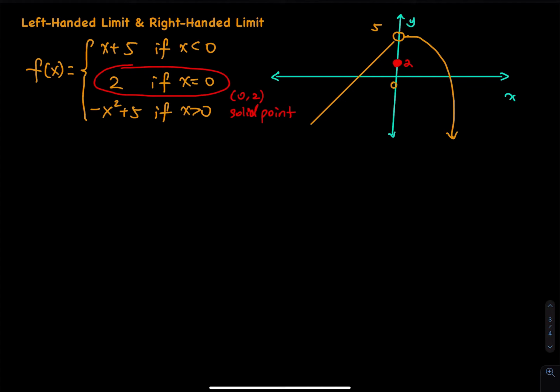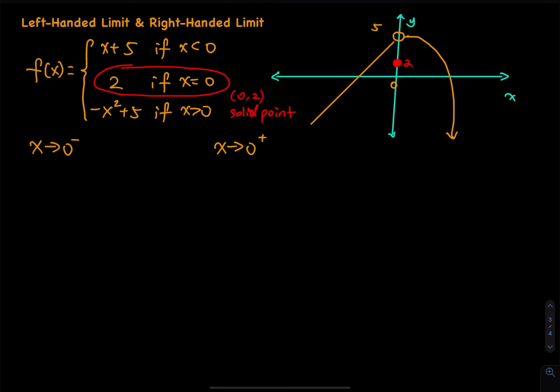Now, let's do some limits. Let's check the left limit and right limit at 0. We are trying to check when x approaches 0 from the left and x approaches 0 from the right. So what does x approaching 0 from the left side mean? Look at my cursor. This is 0, and this is your left hand side.